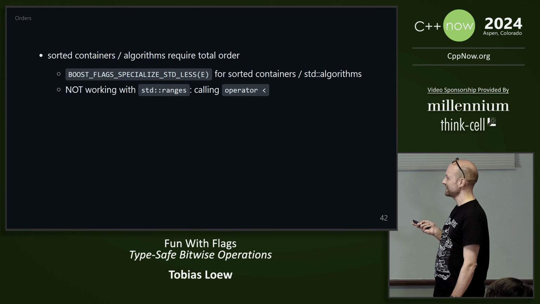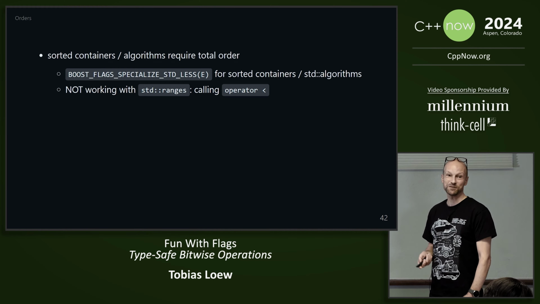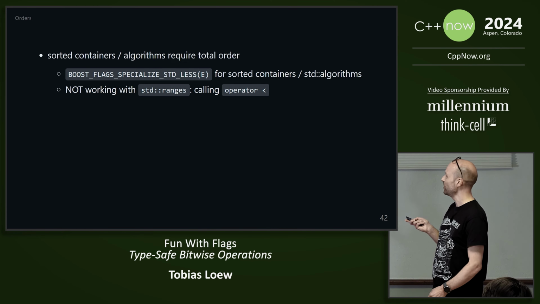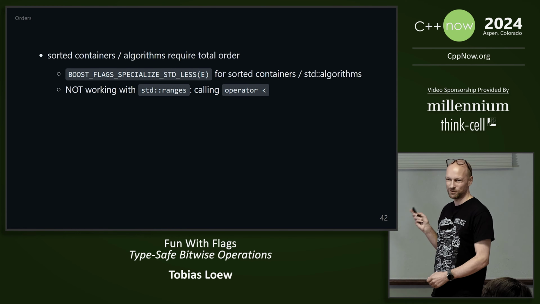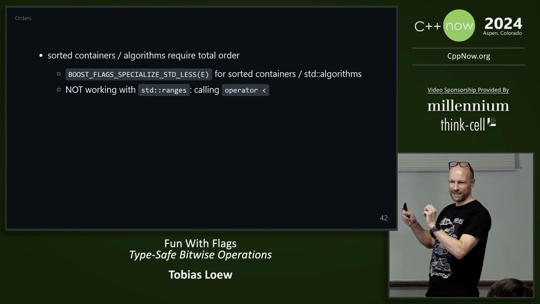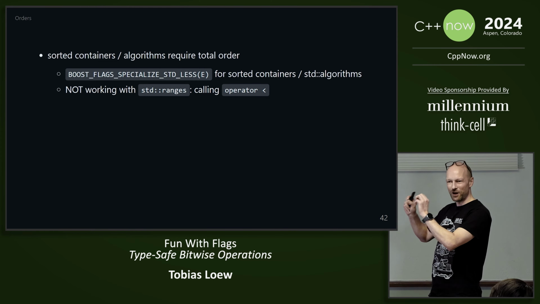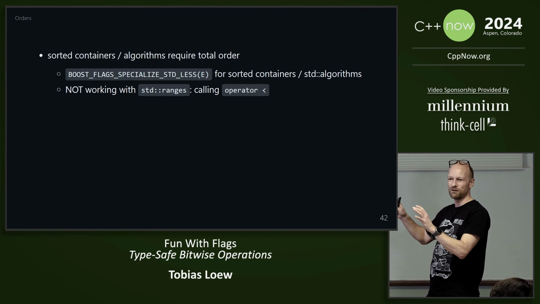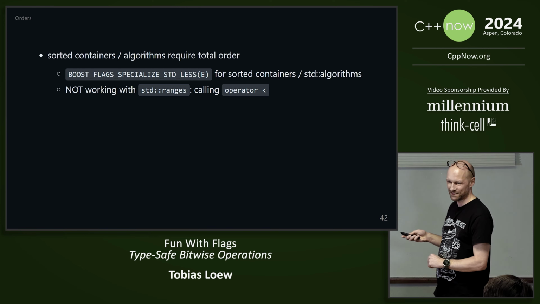But it won't be picked up by std::ranges algorithms because they go for operator less, not for std::less. Of course, you can always plug in the enumeration object explicitly with your algorithm, but we don't talk about that.